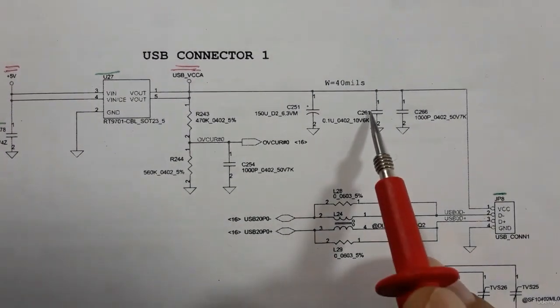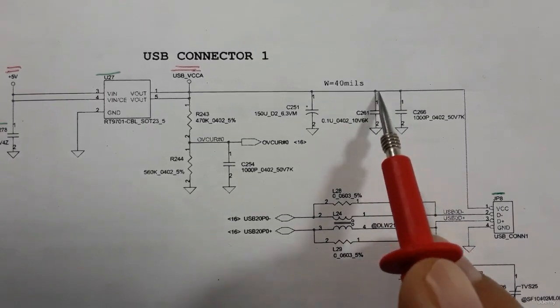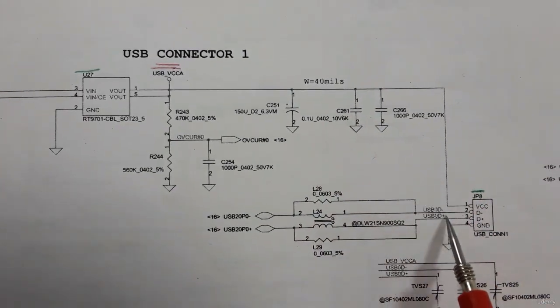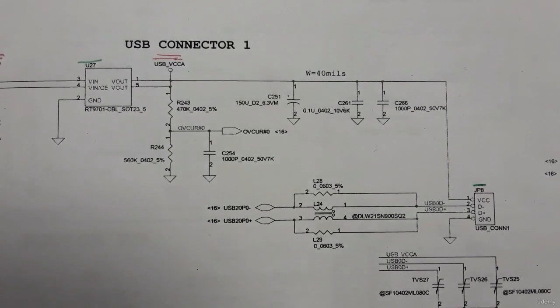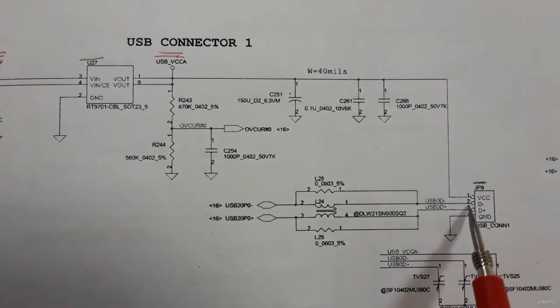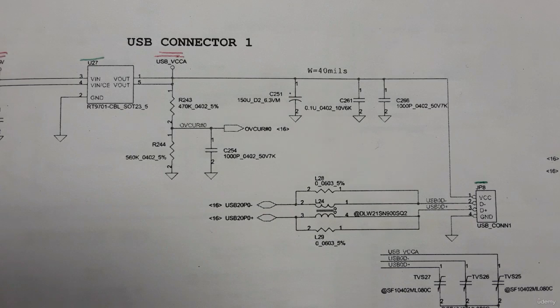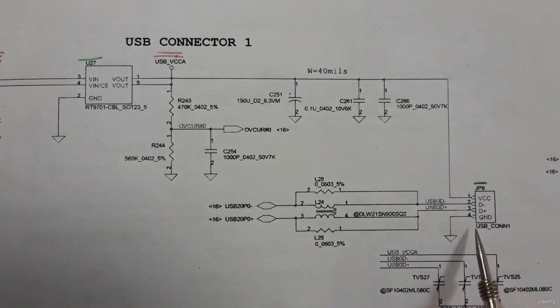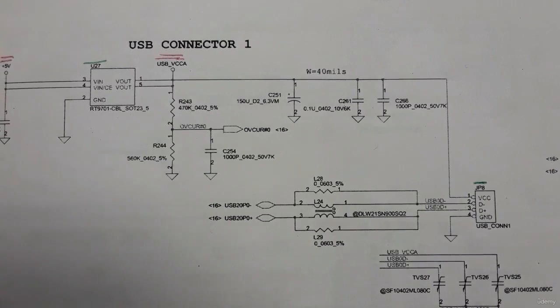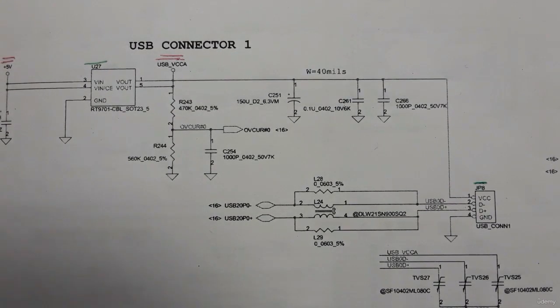Then it will pass through 2 other ceramic capacitors, and then we will get VCC 5 volt, a filtered 5 volt, in order to power the USB connector. Then here, of course, we have the ground in pin number 4. Pin number 4 of the USB connector or port is always connected to the ground.